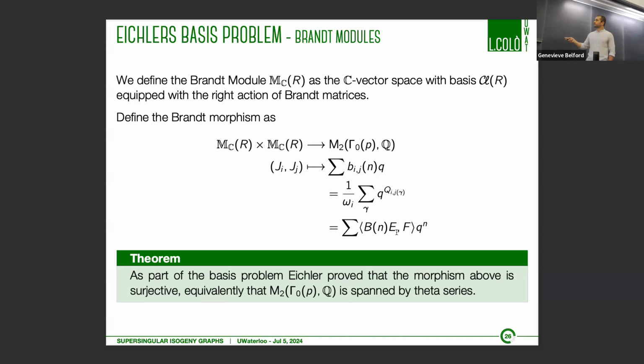You construct this module and the map going from this module tensor itself down to the set of modular forms over Q, and you associate to each J_i and J_j the associated theta function. Using this construction, you're able to span the whole set, meaning that you can reconstruct every modular form associated with Gamma_0(p).